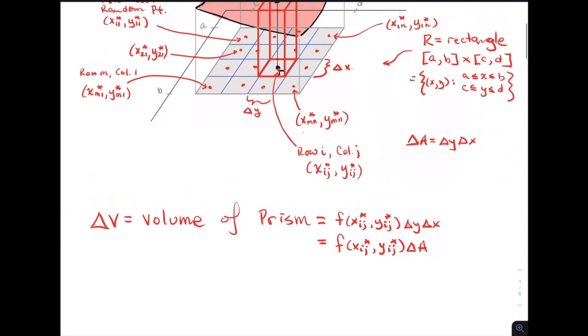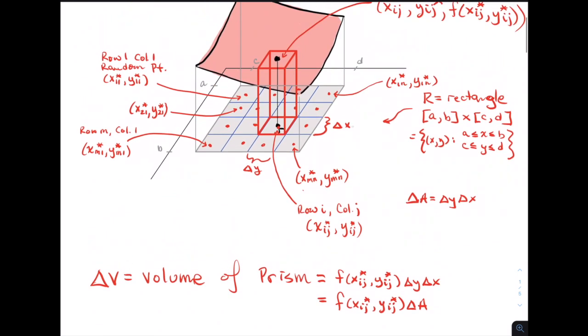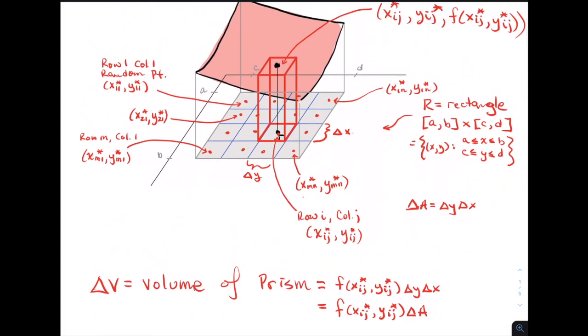Okay, and then the volume under this surface would be approximated by a sum of all the volumes of the prisms. So let's do the sum of the volumes of the prisms.